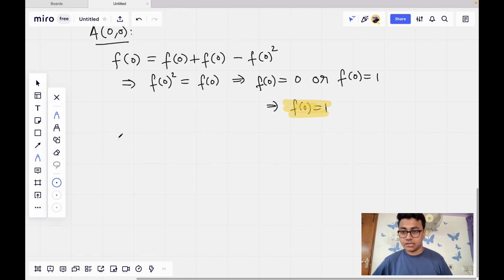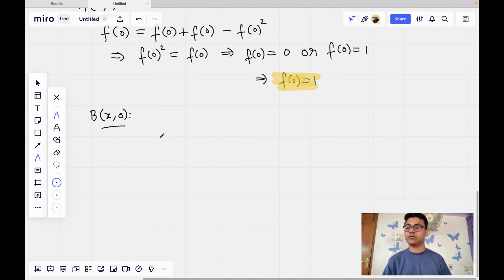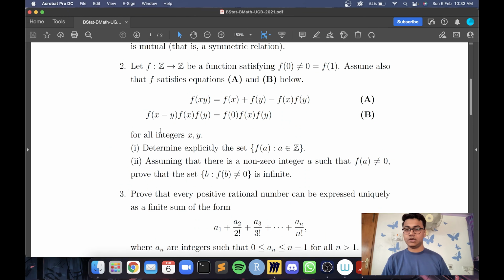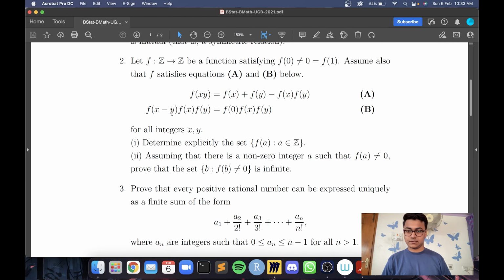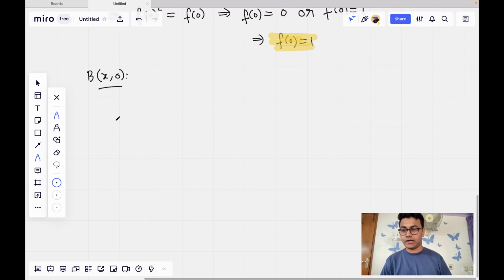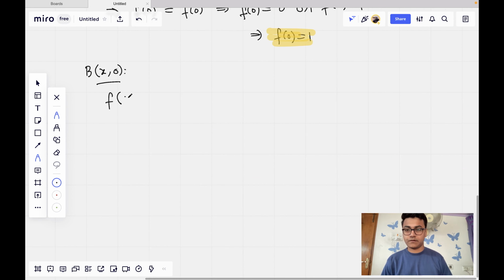Now we look at the assertion B(x, 0). Now we just put y equal to 0 into the second functional equation. That will give us f of x times f of x times f of 0 equals f of 0 times f of x f of 0. So we'll write that down.